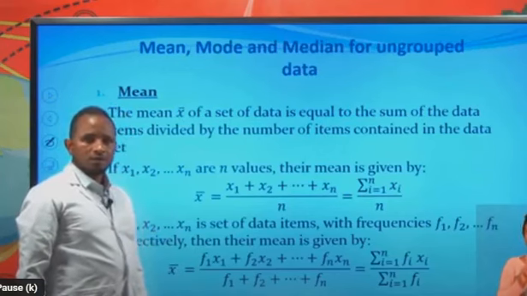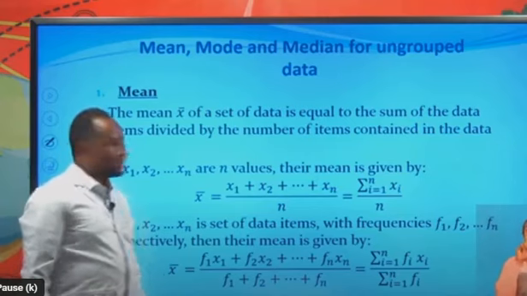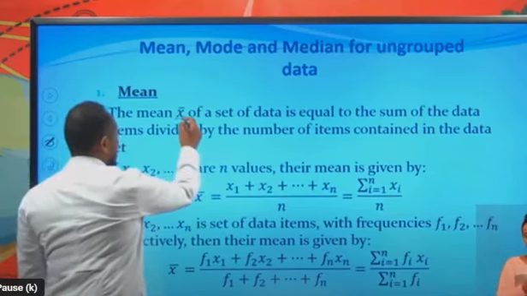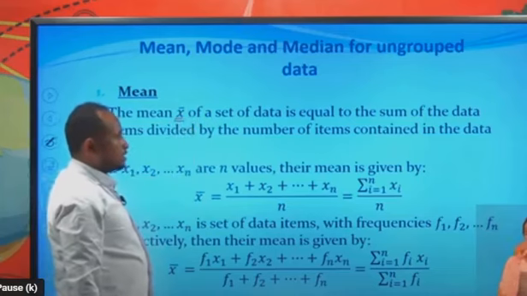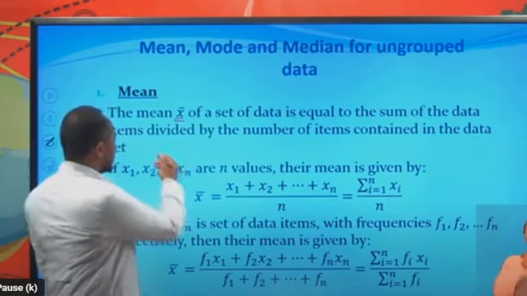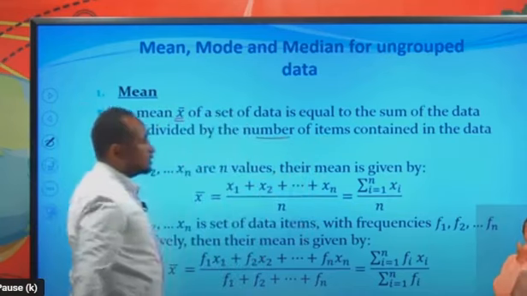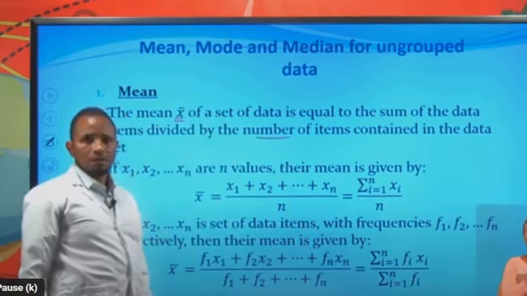Okay, first let's see mean, mode, and median for ungrouped data. Mean, or x bar, of a set of data is equal to the sum of the data items divided by the number of items contained in the data.